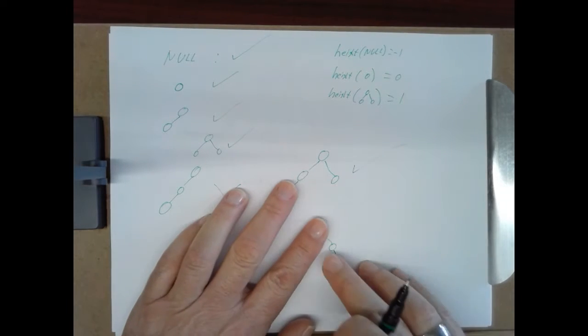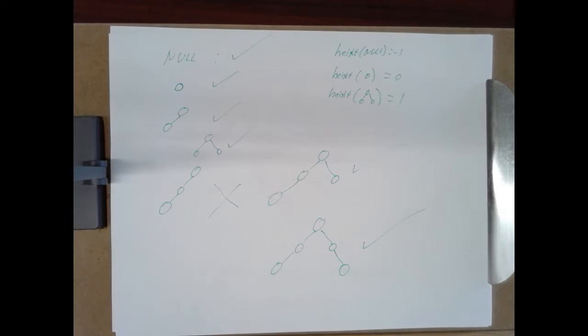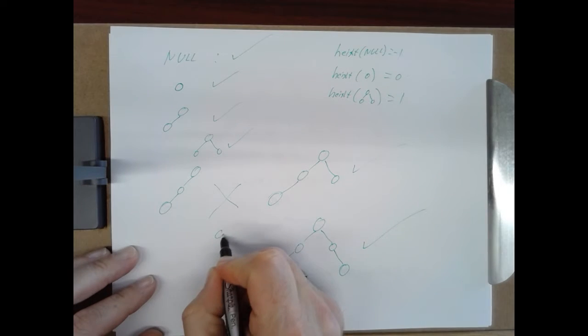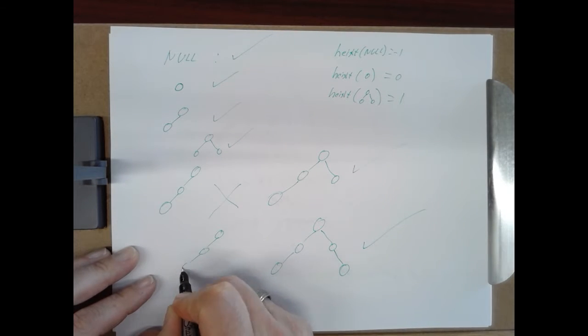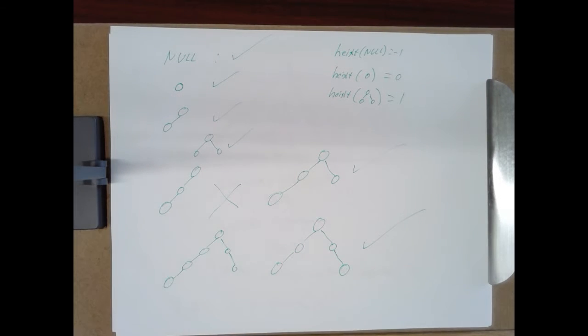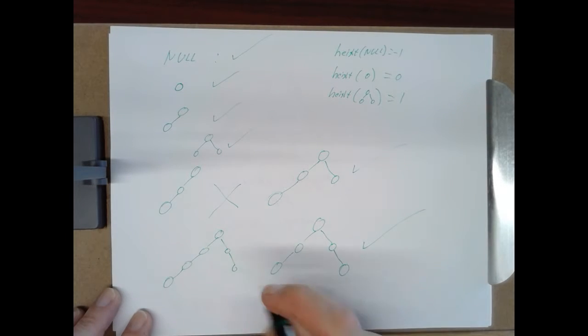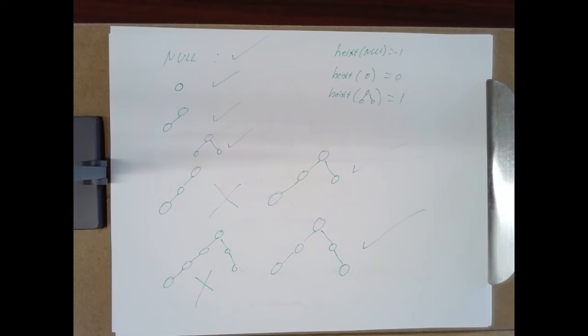Left subtree is balanced, right subtree is balanced, that's also balanced. So our intuition doesn't always work. But if we add another node down here, like this, the heights are still within 1, but the left subtree is not balanced. So that's enough to say this is not balanced.